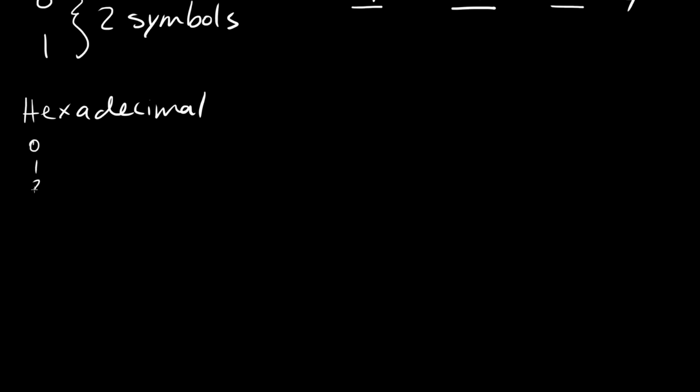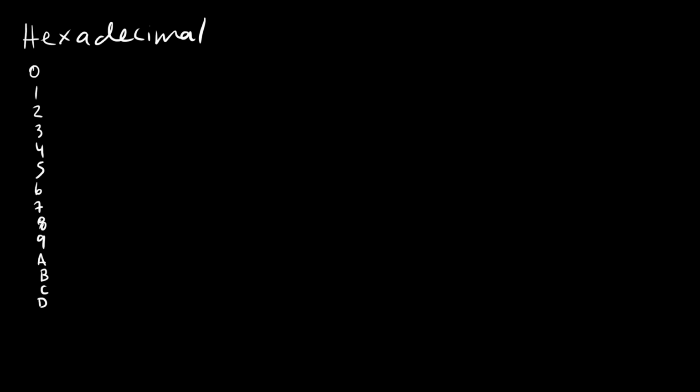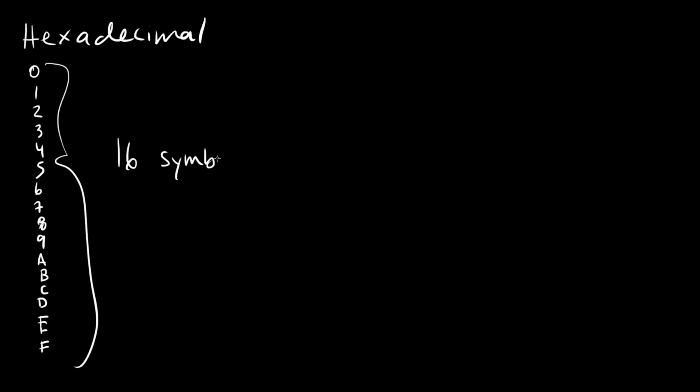So 0, 1, 2, 3, 4, 5, 6, 7, 8, 9, and then for 10, they represent it as A, B, C, D, E, and then F. So this is how the hexadecimal number system works. 16 symbols. But the rules are the same thing.